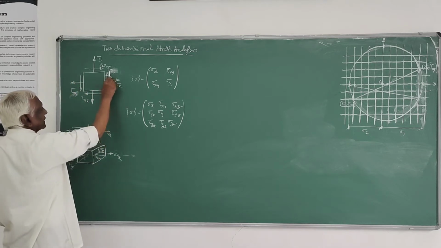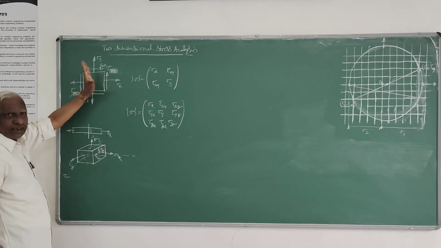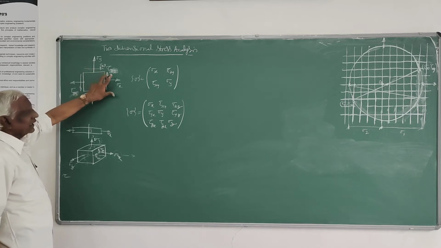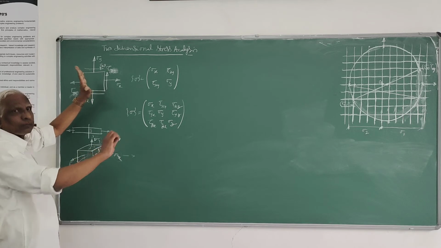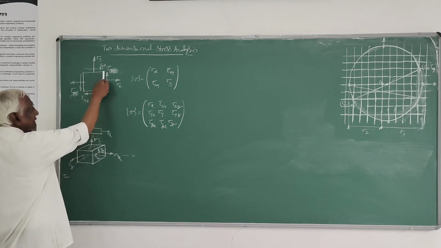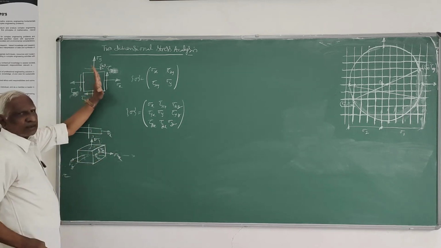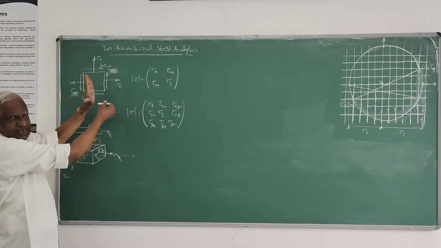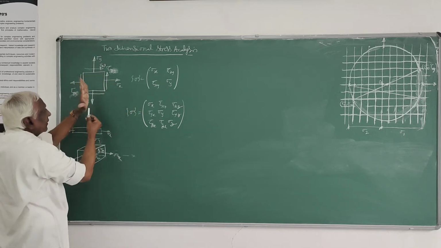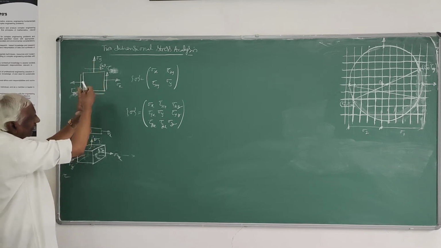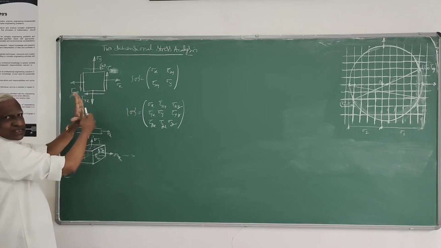This first subscript always represents the plane on which that shear is acting. The plane is represented by the normal to the plane. Here, this is the vertical plane for which normal is x direction. So this shear is acting in y direction on a plane for which normal is x.